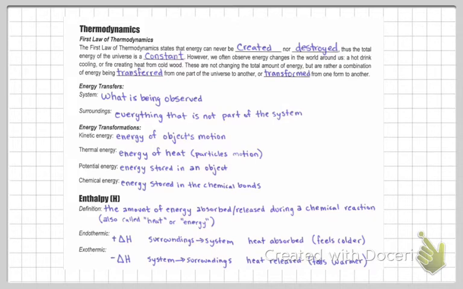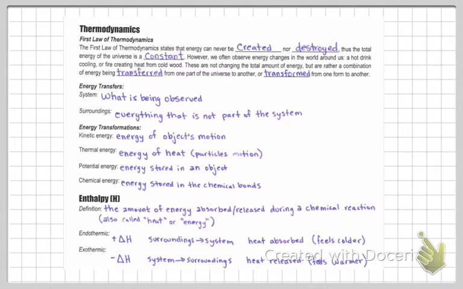And then when we talk about the system and the surroundings, there are two words that you have to understand, and that's endothermic and exothermic. Endothermic is when the energy from the surroundings enters the system, so therefore heat is absorbed, and that's noted by a positive value for enthalpy.